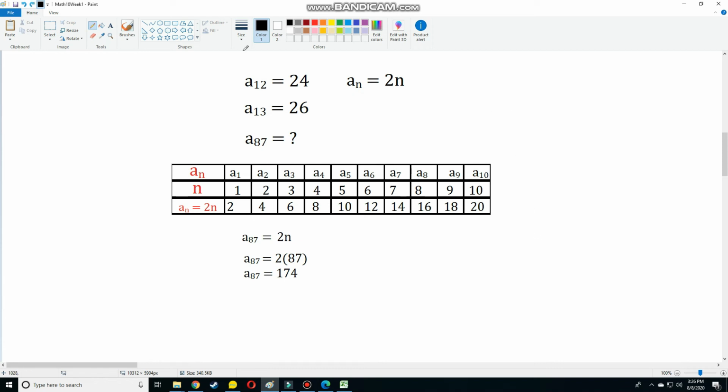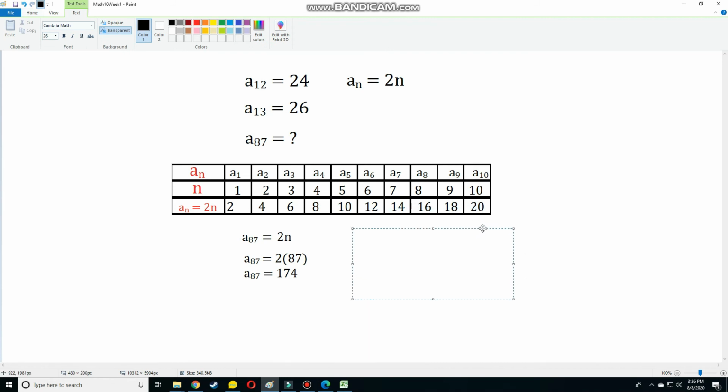For example, let's have another example. You are asked what is the 315th term. Based on our pattern and our mathematical rule, in order for us to get the 315th term, that would be equal to 2n.